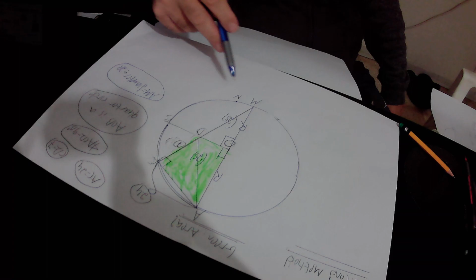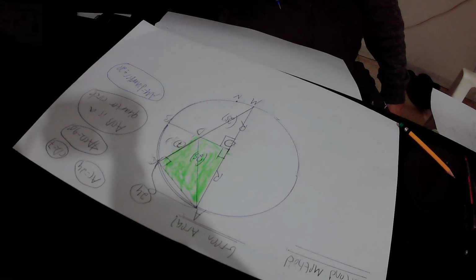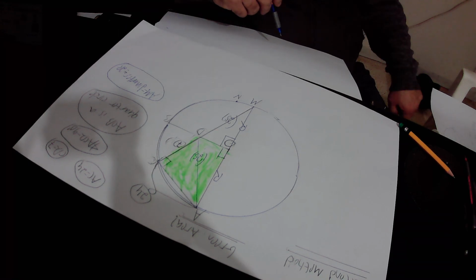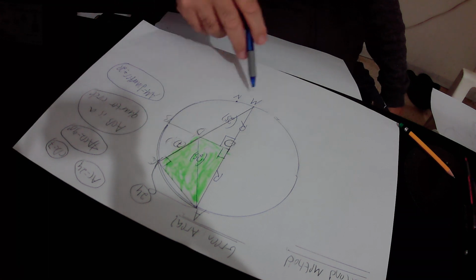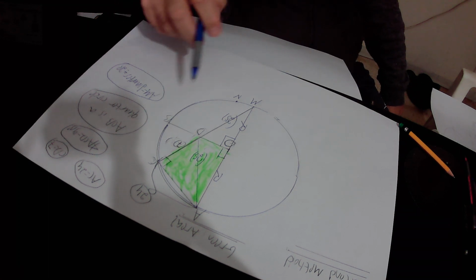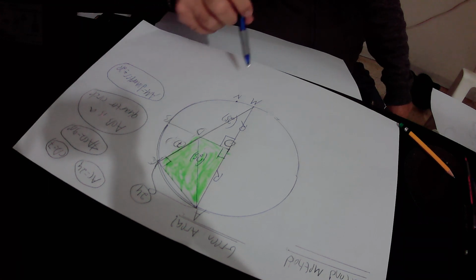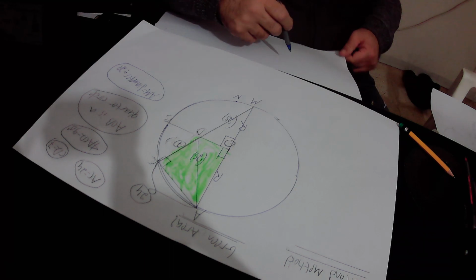So CM equals 25 plus 7, that is 32. I'll copy the right triangle ACM in a new page and we will implement the Pythagoras theorem in it.